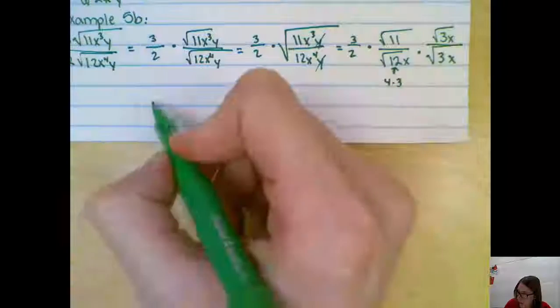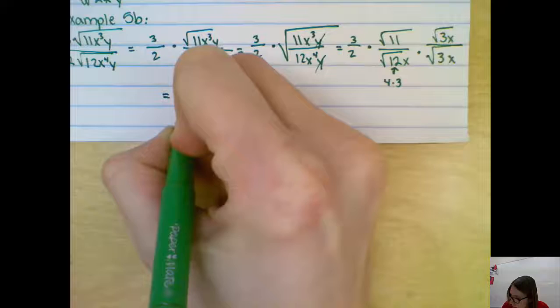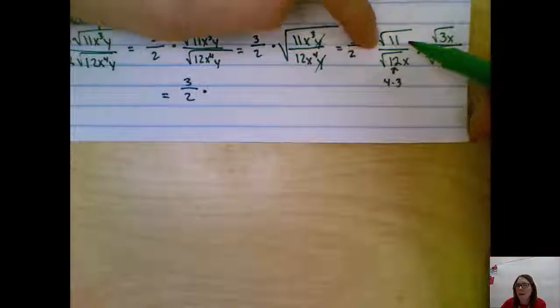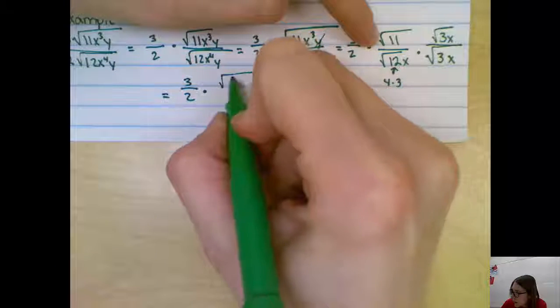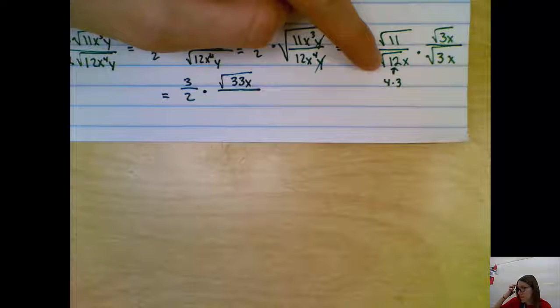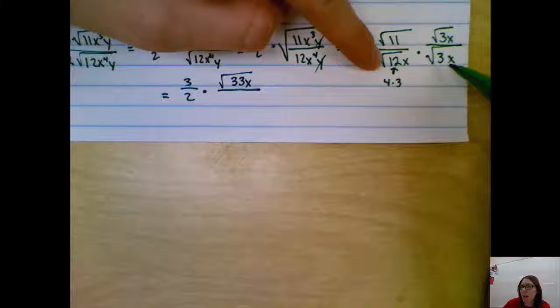Okay, I'm going to come back over here now. The square root of 11 times the square root of 3x would be the square root of 33x. The square root of 12x times the square root of 3x.